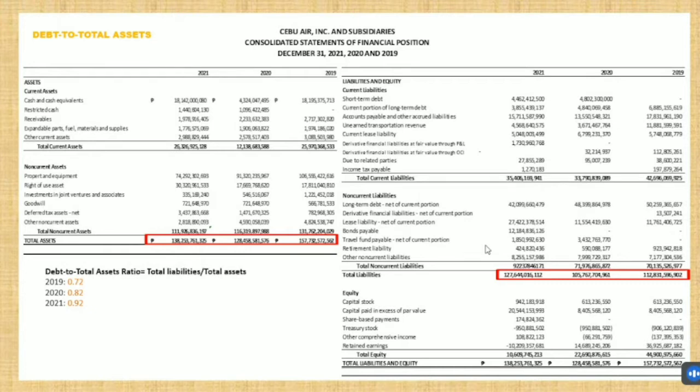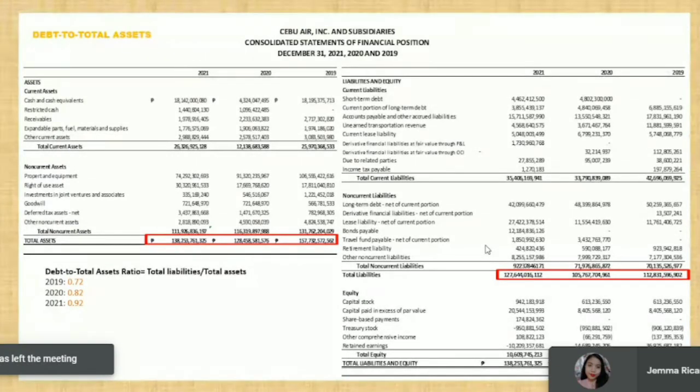So, kung mas mababa, mas maganda kasi ayaw ng investor na yung debt ay mas marami sa total assets. And as you can see, from 2019 tumaas siya, which shows na nagde-depend yung company sa utang. And from the computed numbers, even in 2019, it does not pass the desired ratio.